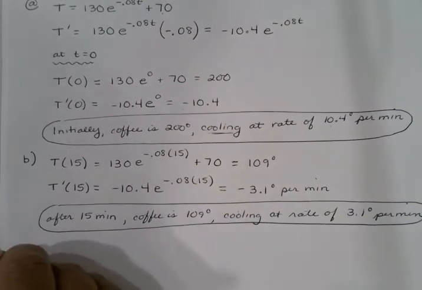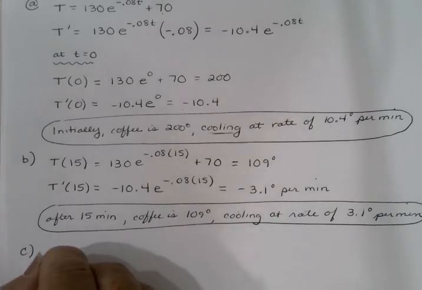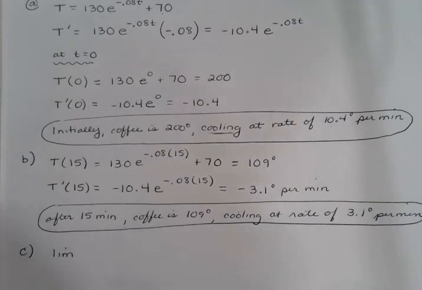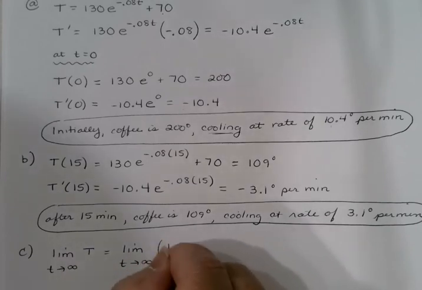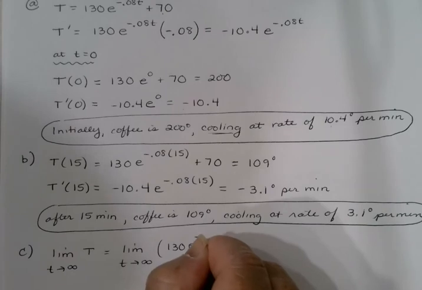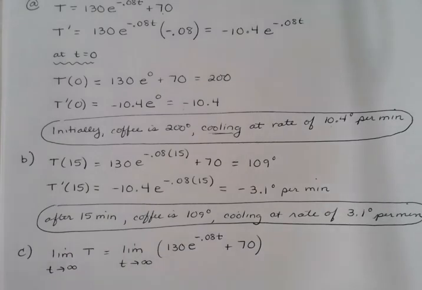All right, one more part to this. In C, we're supposed to find and interpret the two limits. Capital T goes to 0 and capital T prime goes to 0. Excuse me, goes to infinity, not 0. Can't read my, apparently that was too small a print for me. We want the limit as little t goes to infinity of capital T. And capital T was 130 e to the negative 0.08 t plus 70.